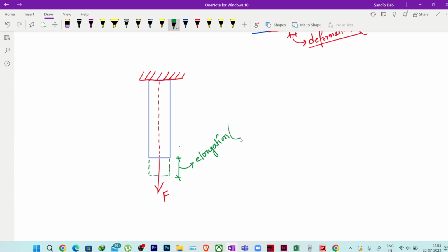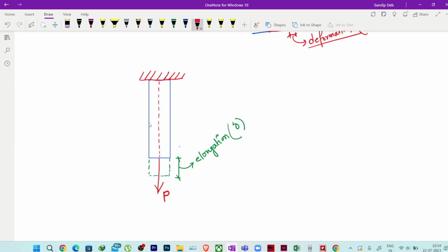Suppose we are denoting this displacement or elongation as small delta. Let me write the load as P now. So I have applied a load P, force P along the axis of the bar, and the elongation we are seeing is the small delta.